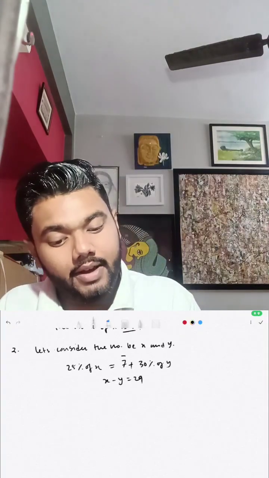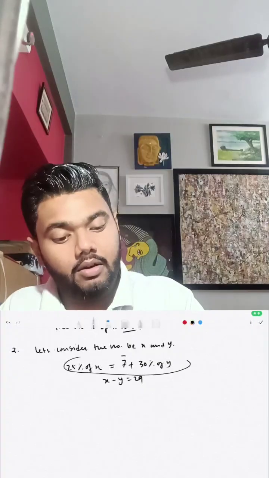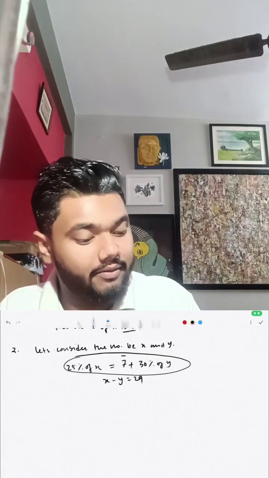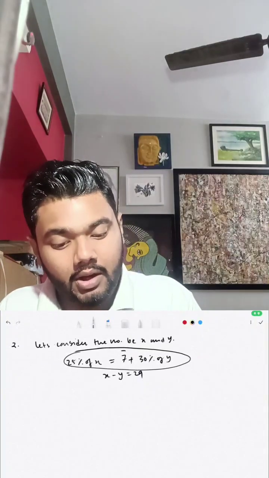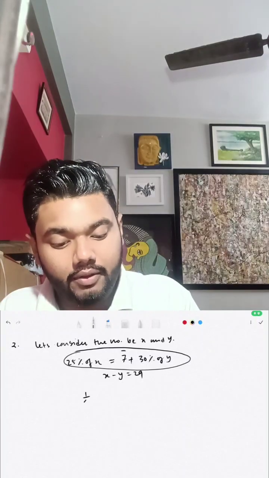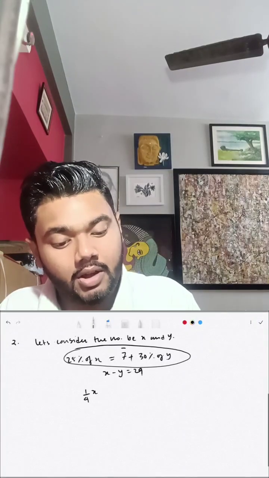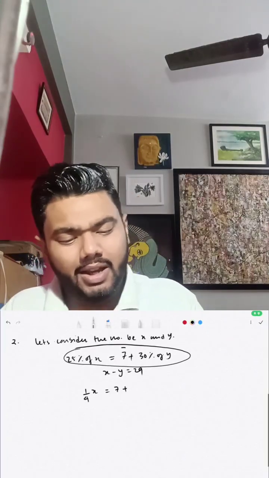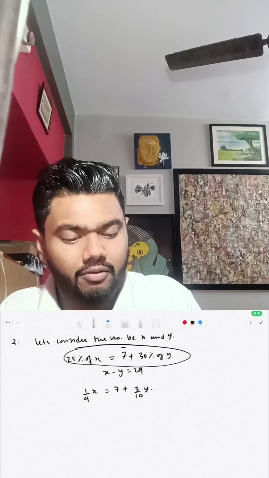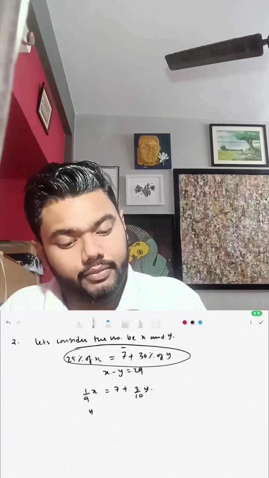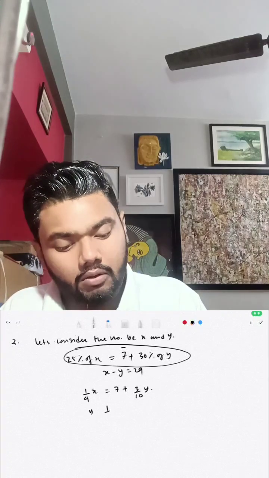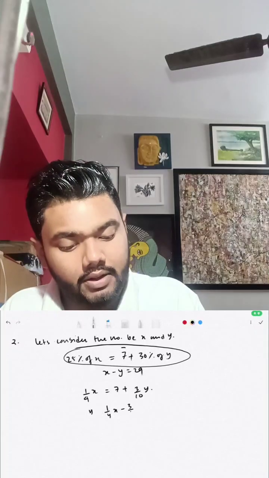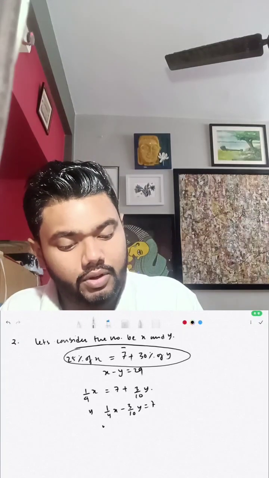So first we will calculate this one. So 25% of x, right? 25% of x means 1 by 4 x equals 7 plus 30%. We can write it as 3 by 10 of y, right? Now 1 by 4 x minus 3 by 10 y equals 7.